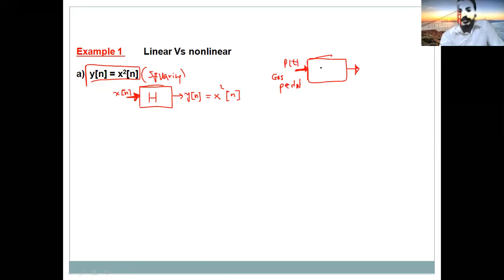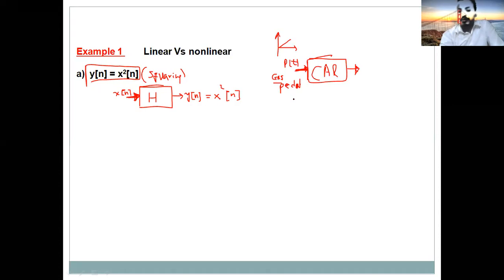Now the system is our car here, right? When you press the gas pedal, we are increasing the pressure as a function of time.